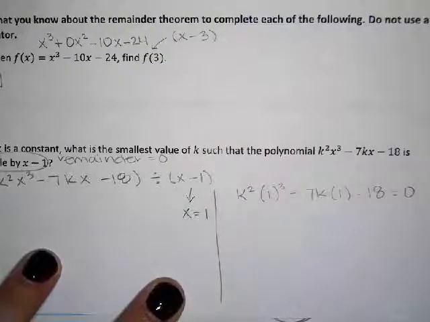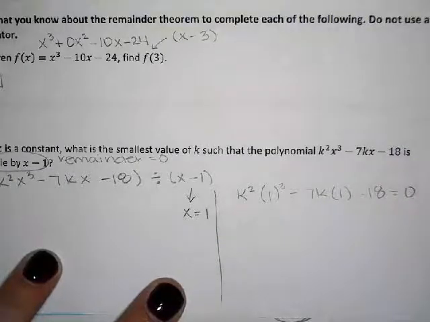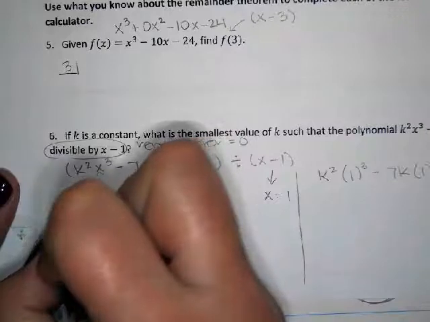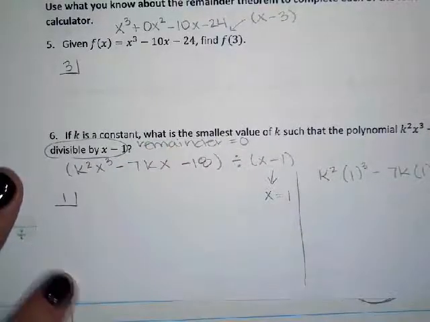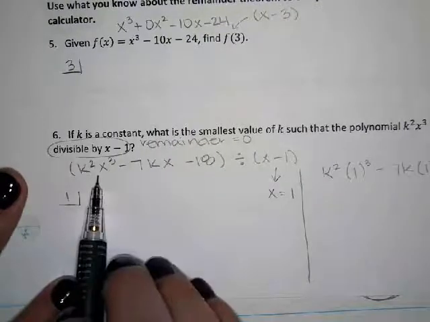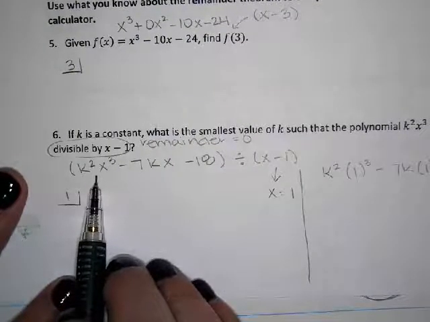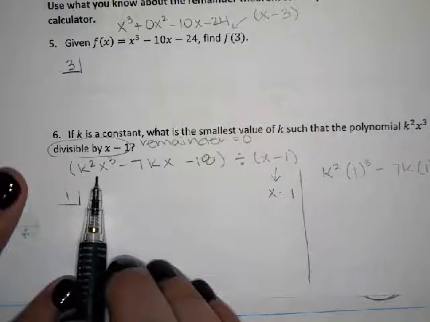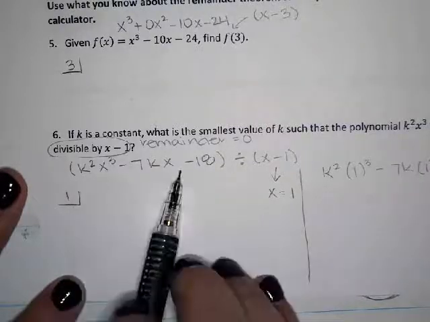The synthetic division process says take the 1, put it in the box, take my coefficients and write them down. Now if I do my coefficients, I have a term missing. What term am I missing in this problem? X squared. I have an x to the third, I have an x, I don't have an x squared. So what should I write in the middle for the x squared? 0.